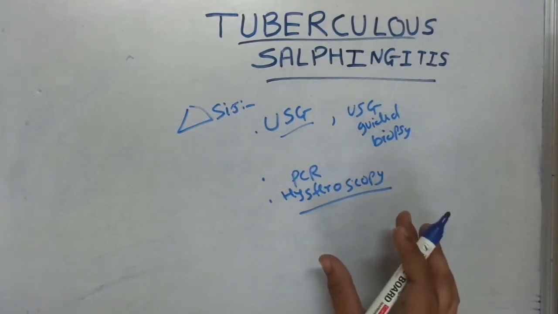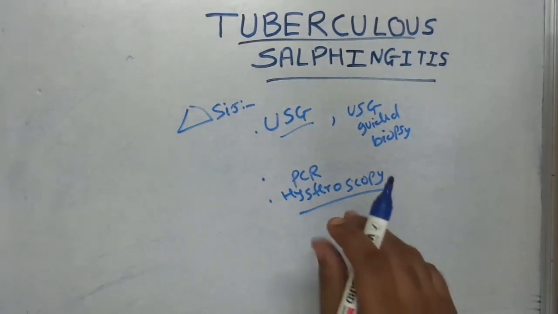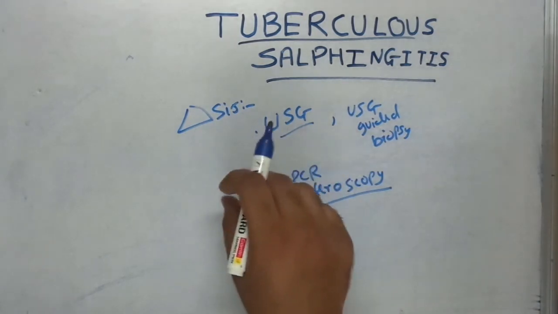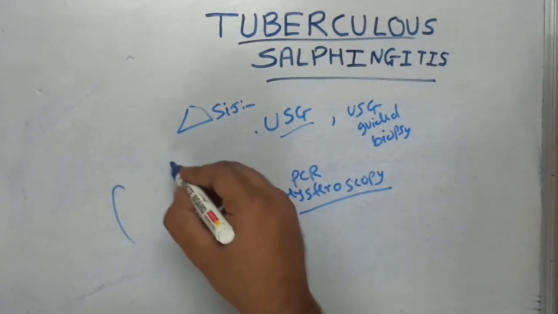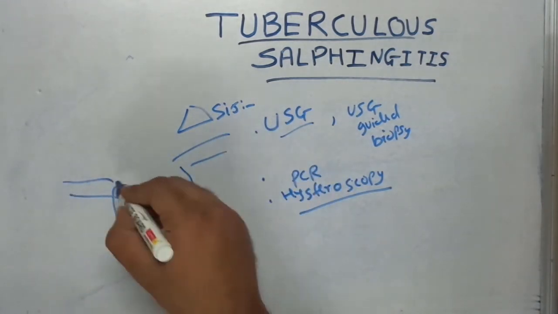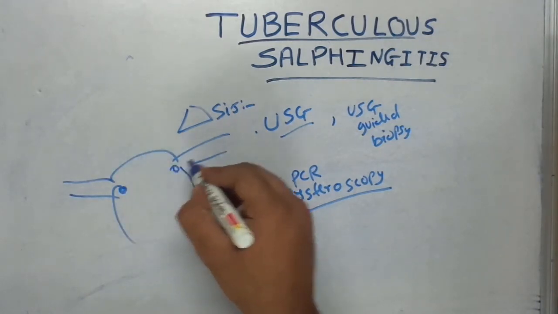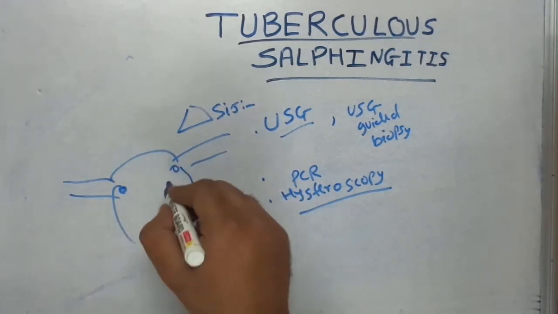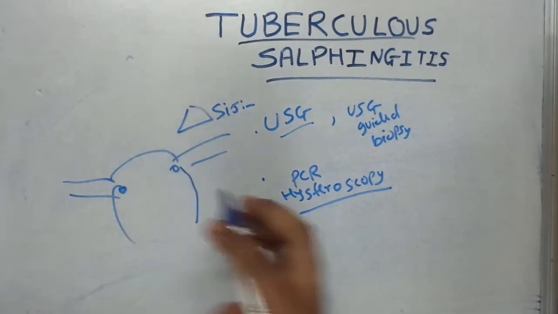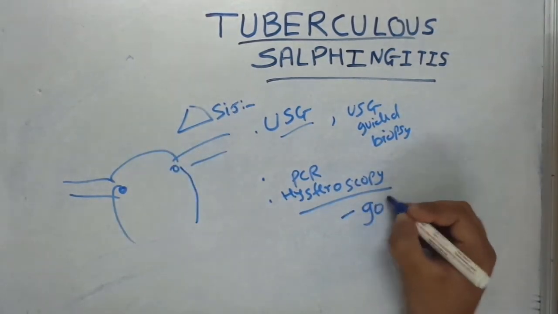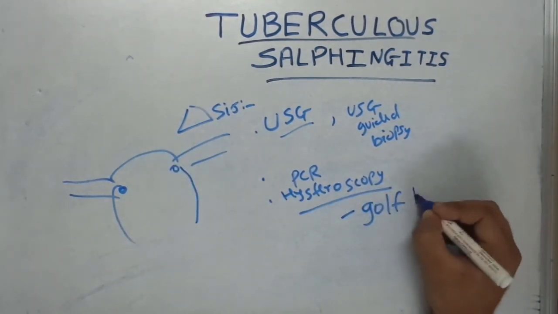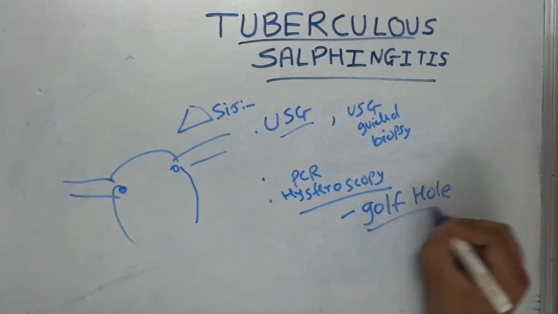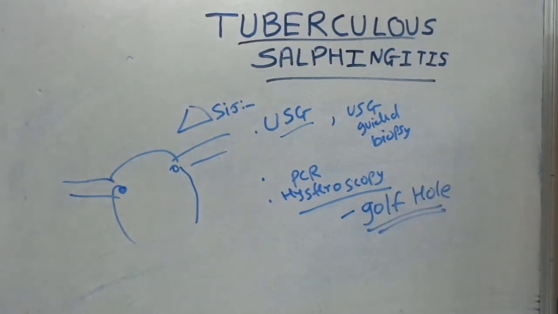In hysteroscopy, the typical appearance of the ostia of the fallopian tubes, that is, this is the uterus, these are the fallopian tubes, the openings of the fallopian tubes in the uterus, the typical appearance of these ostia is a golf hole appearance.